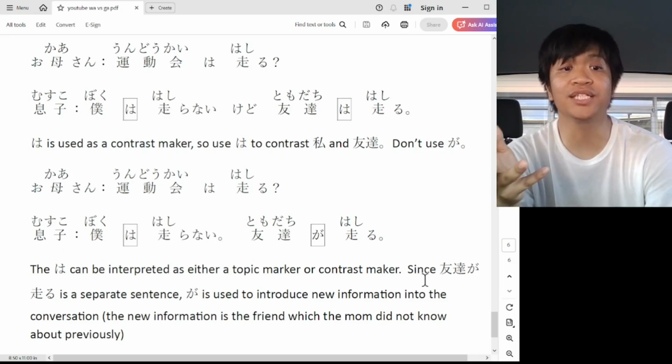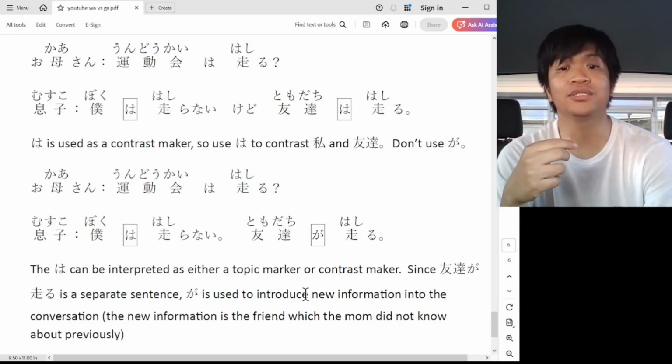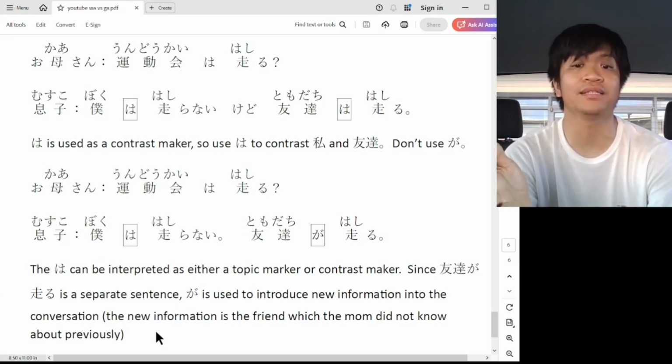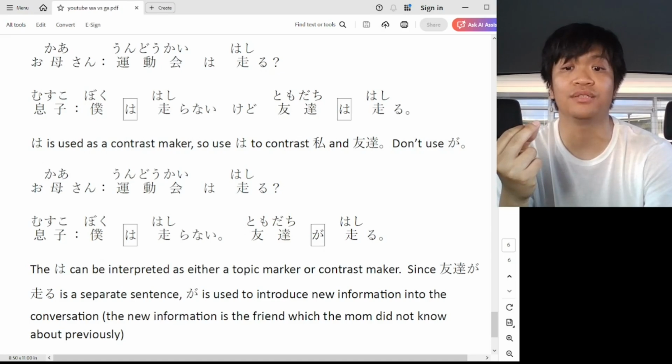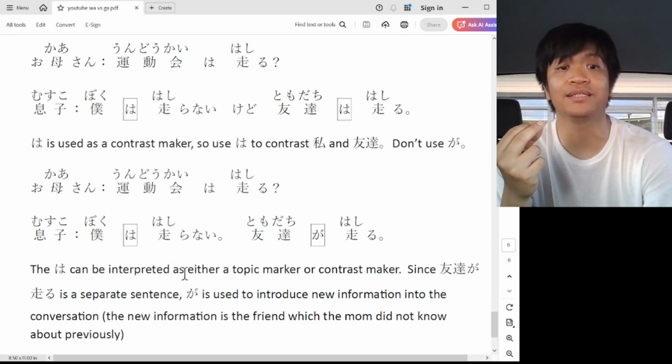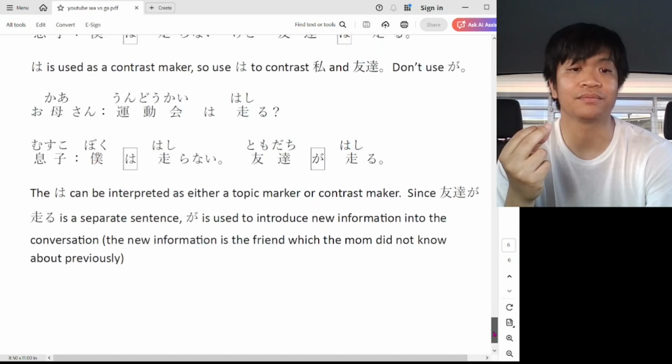And since tomodachi ga hashiru is a separate sentence, ga is used to introduce new information into the conversation. Here the new information is the friend, which the mom did not know about previously. So this ga introduces the friend as new information, and the wa marks boku as the subject.